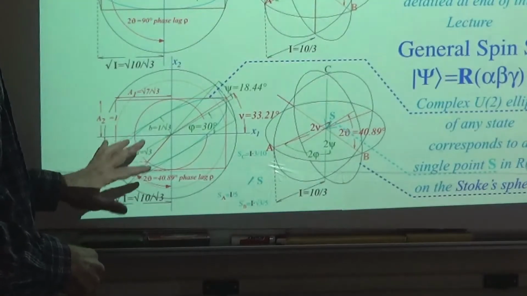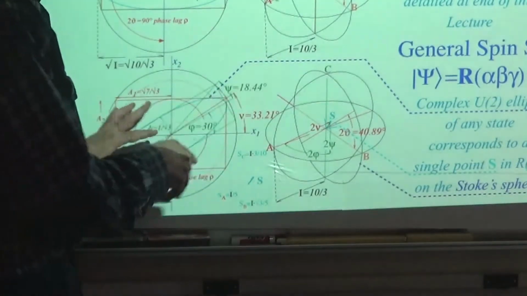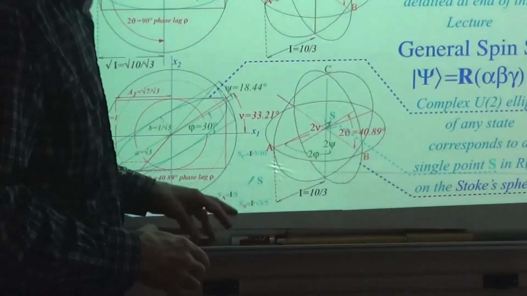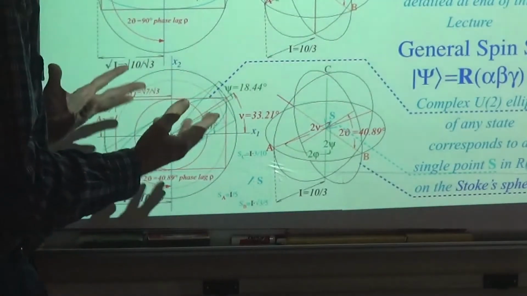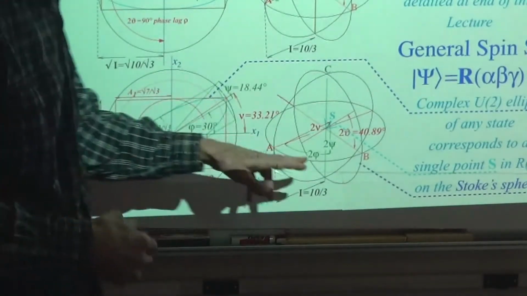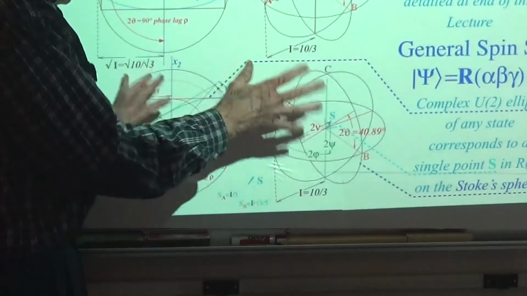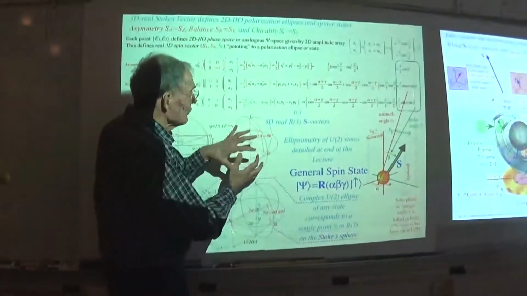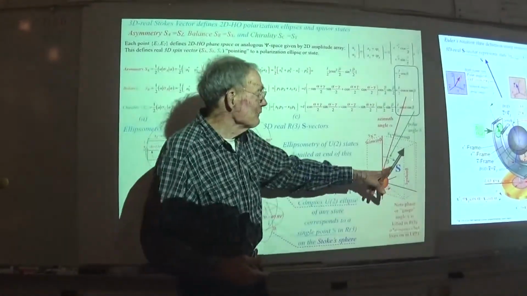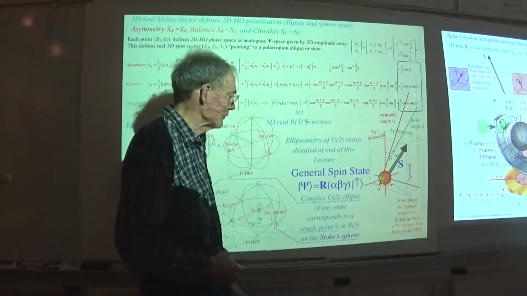So this is something we're going to start to get used to today. In any case, this isn't something that is brand new. This is really old, although it was never done quite as completely as this. John Stokes has his name on the Stokes sphere, and I believe that the vector S comes from John Stokes.